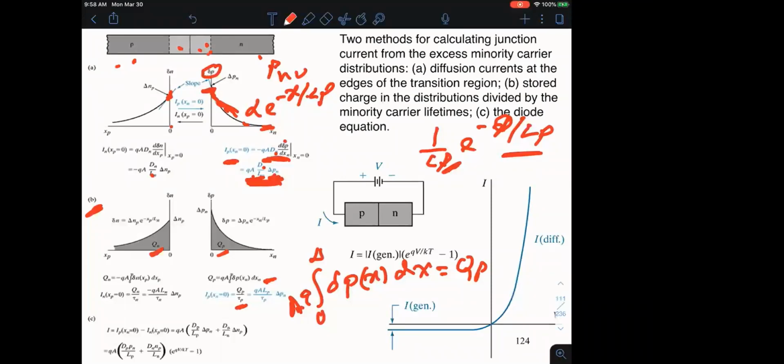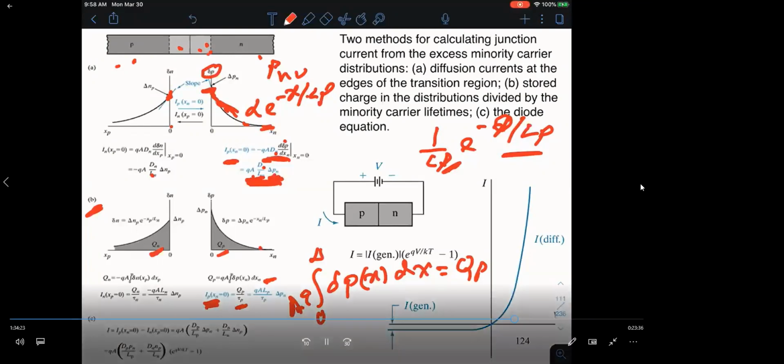Now, if they're recombining at a rate 1/tau p, and I'm maintaining a steady state distribution, obviously I have to replenish holes at the same rate to make up for the loss. Otherwise, the charge distribution would not be a steady state distribution, right? Therefore, I can write down the current Ip as the total stored charge Qp divided by the lifetime, the generation recombination lifetime.